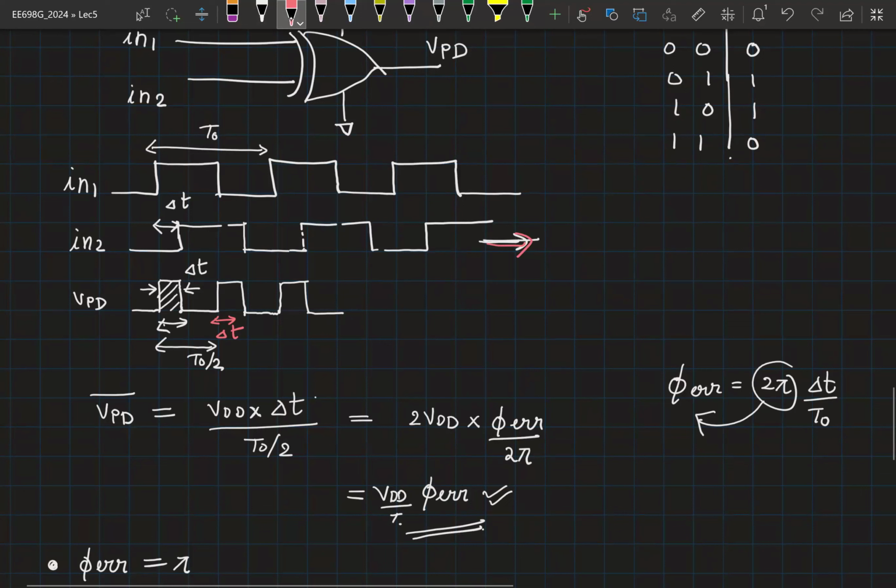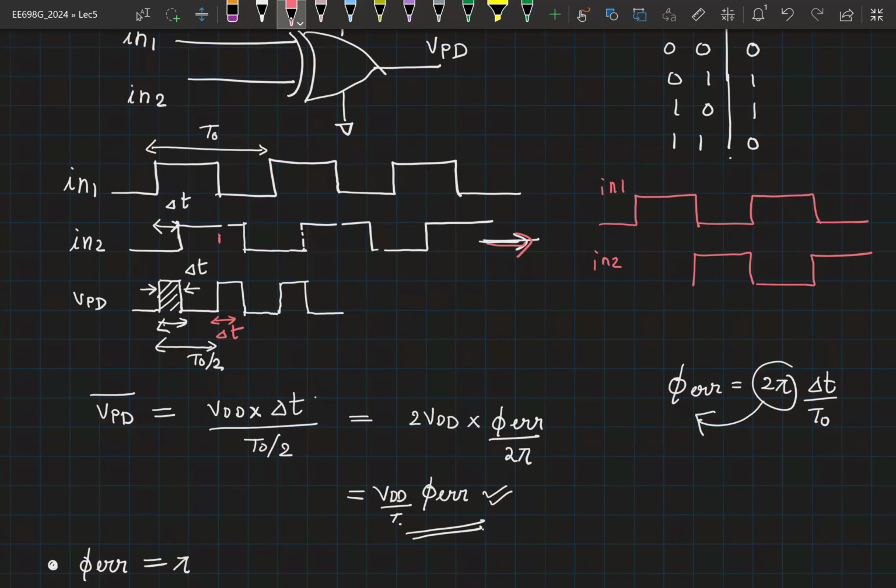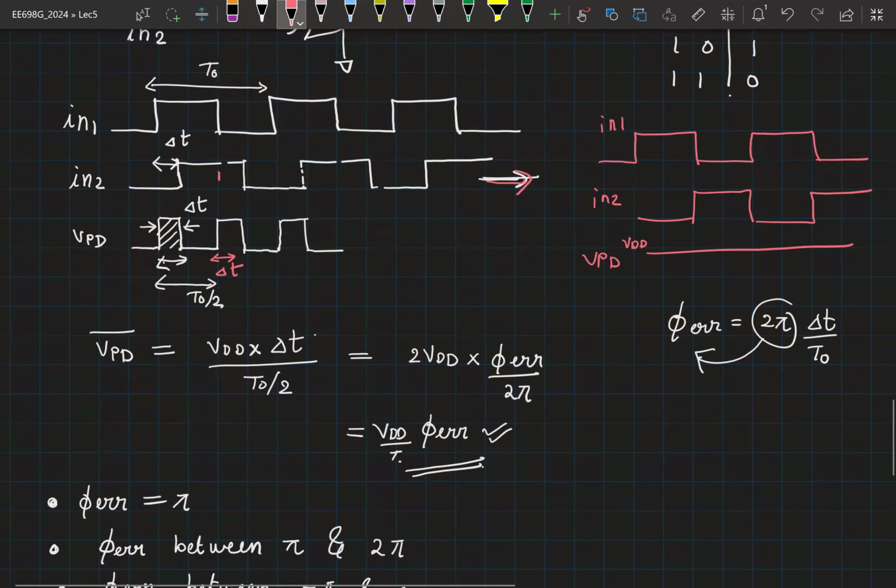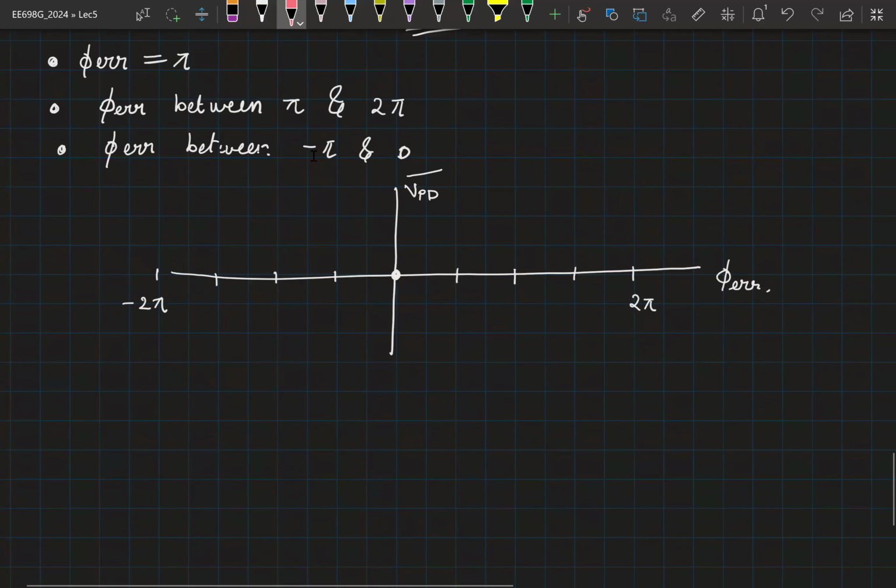Is that clear for everyone? Because when the signal reaches here, so if this was in1 and if your in2 was here, then VPD is simply VDD all the time, right? So I can confidently plot this till pi.